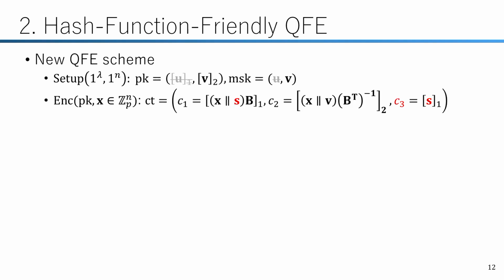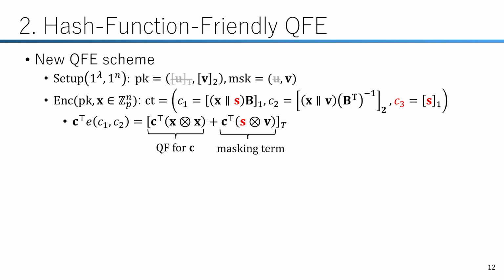And the structure of the ciphertext is also modified a little bit, but again, the actual structure is not important here. The important thing is, again, we can compute the quadratic function value plus masking term from C1 and C2 and coefficient vector C. And C1 and C2 statistically hide vector x.